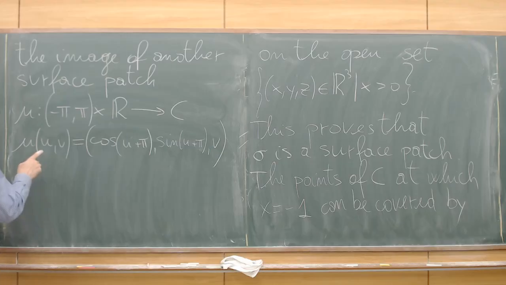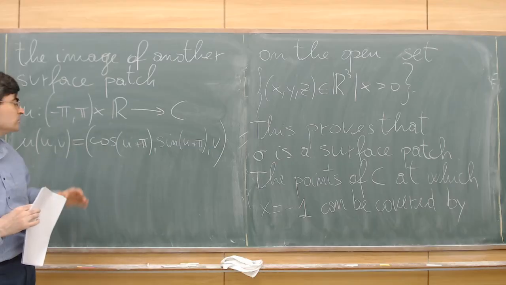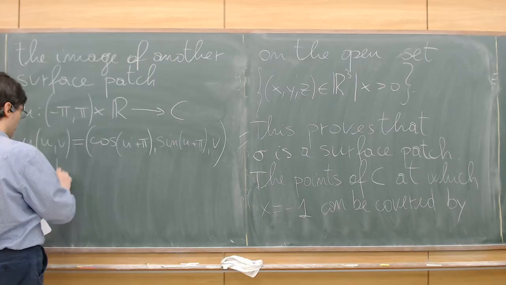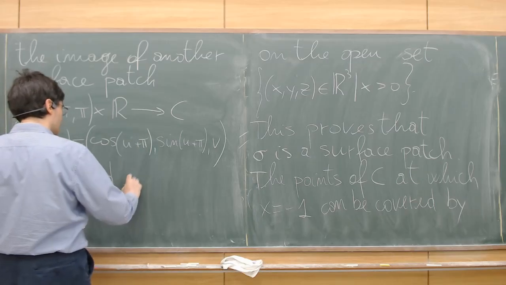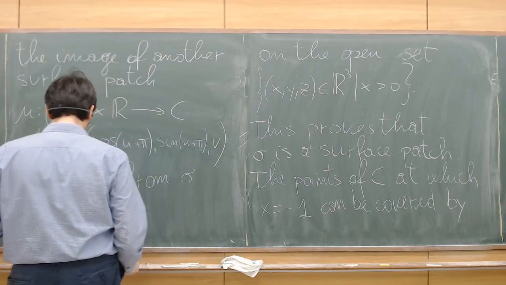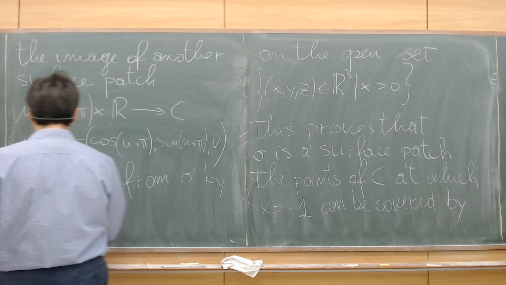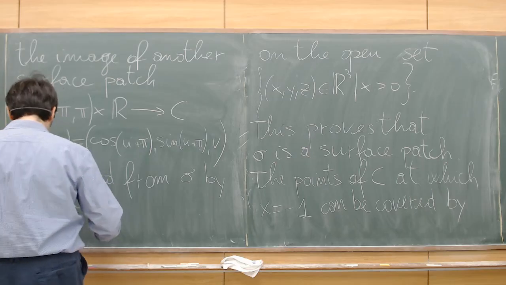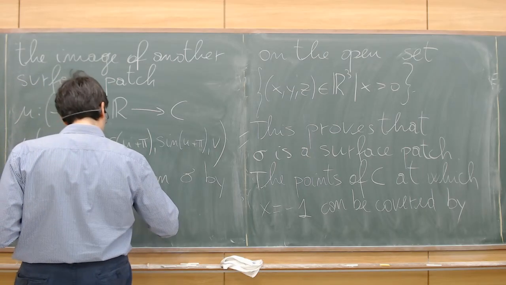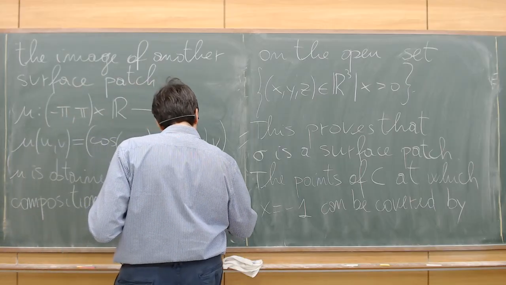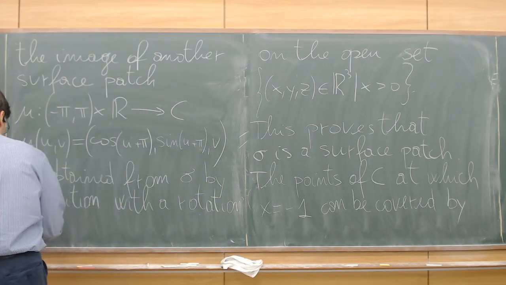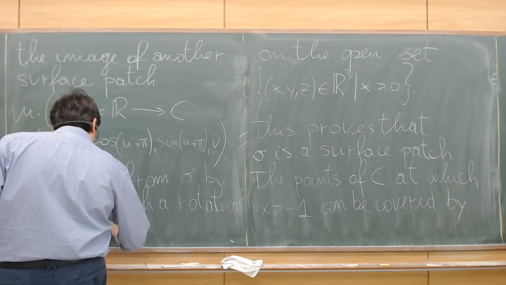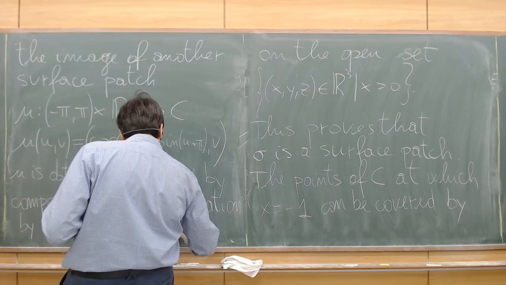And I want to make a remark. If you look at this function, you will observe that mu is obtained from sigma by composing with it a rotation by pi about the z-axis.